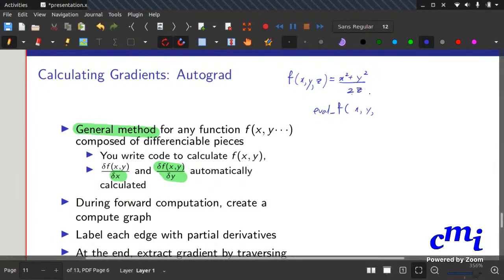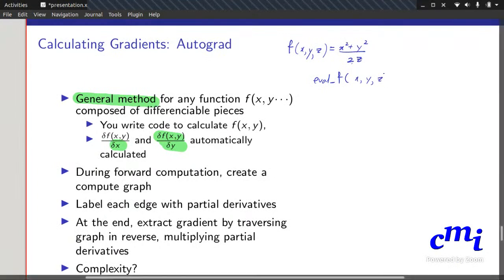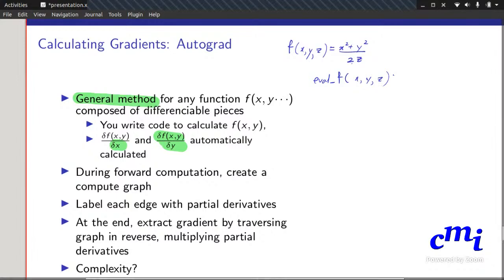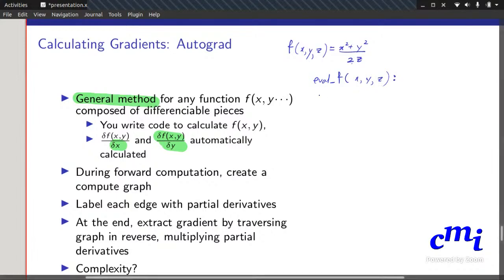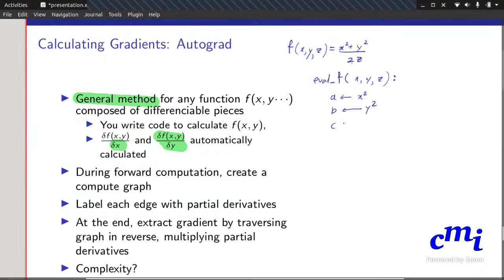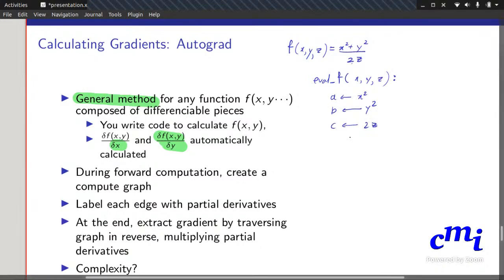Yes, you would have written this function which takes in three real numbers as input, and then it would calculate the function as follows. You would say that a is x square, b is y square, and then c is 2 times z.